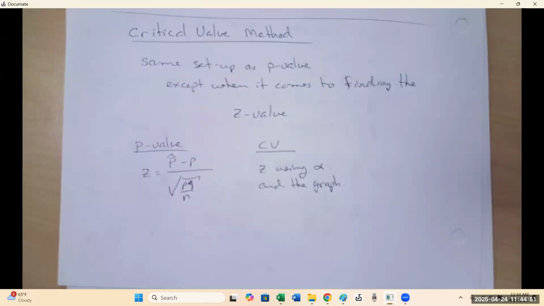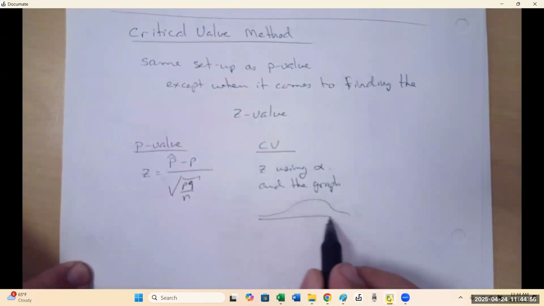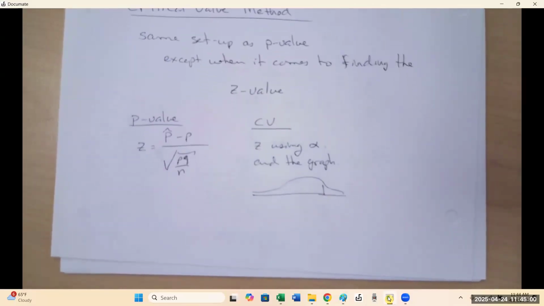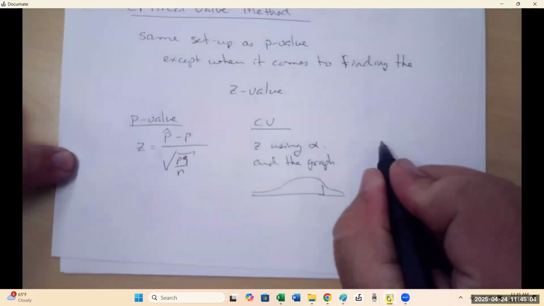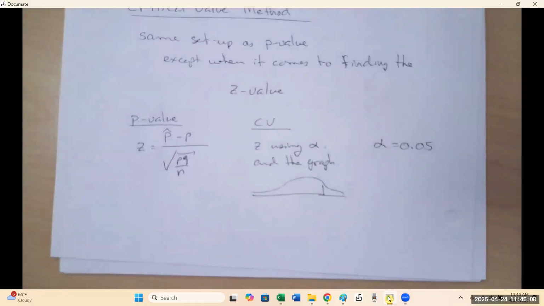It's a one tail right test. We know alpha is 0.05. So where does alpha go in our chart?